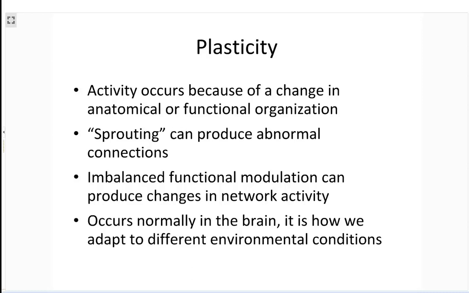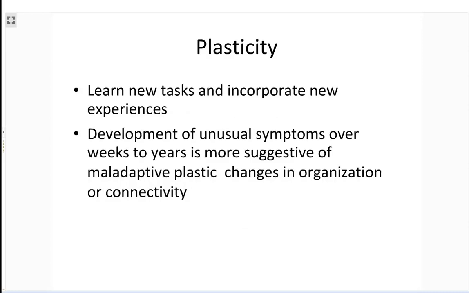So we get an imbalance in modulation, and changes in network activity. But, as we know, this neuroplasticity is normal, and it's how we adapt to different environmental conditions. Unfortunately, in pain states, this neuroplasticity can occur to almost enhance the sensitivity of things and enhance the efficiency of pain production.